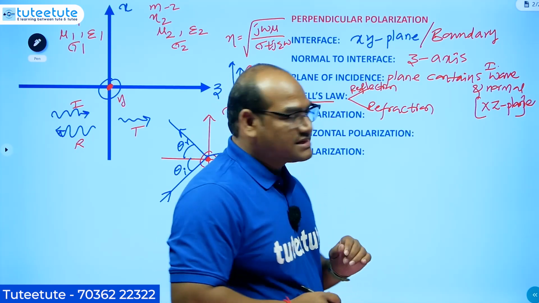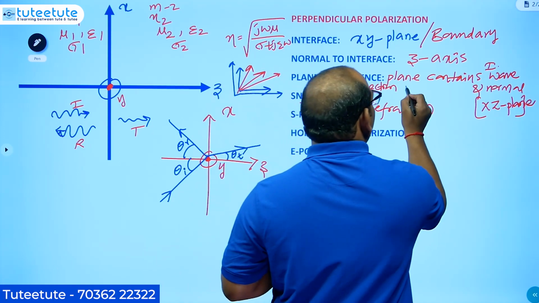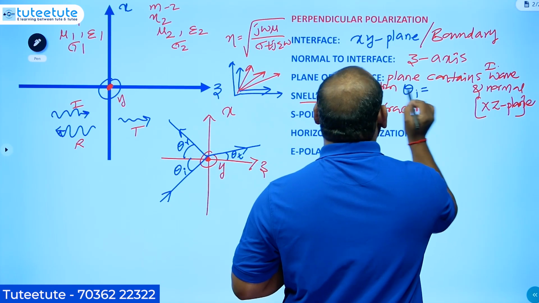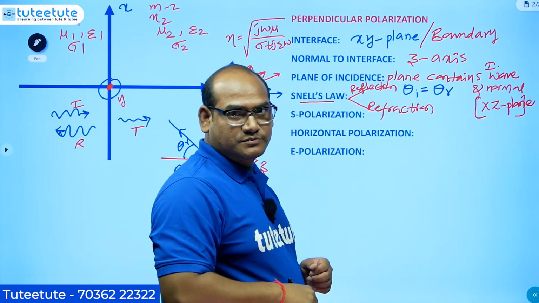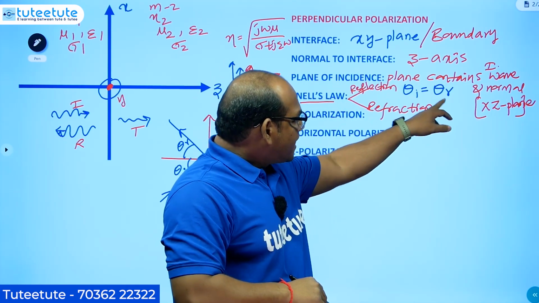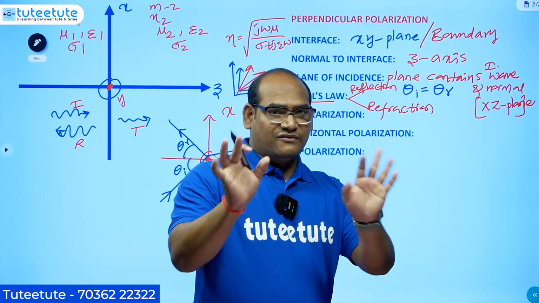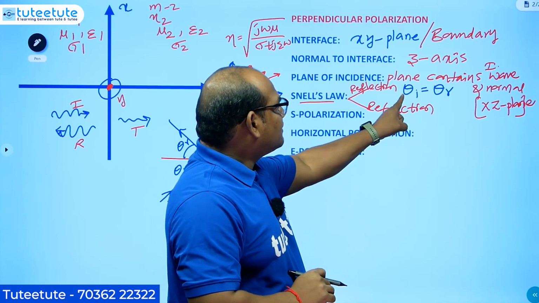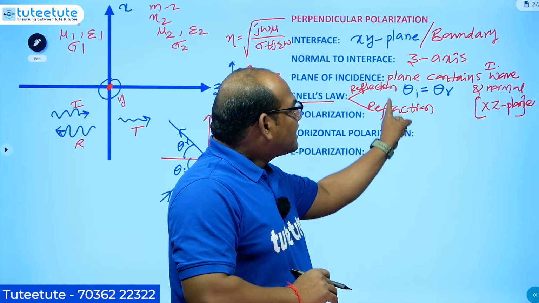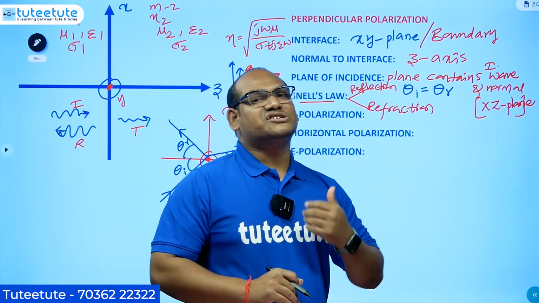So the theta I, theta R relation is given by Snell's law of reflection, that is theta I is equal to theta R. Very simple. That means whatever angle of incidence there is, the same angle will be there for the angle of reflection also.